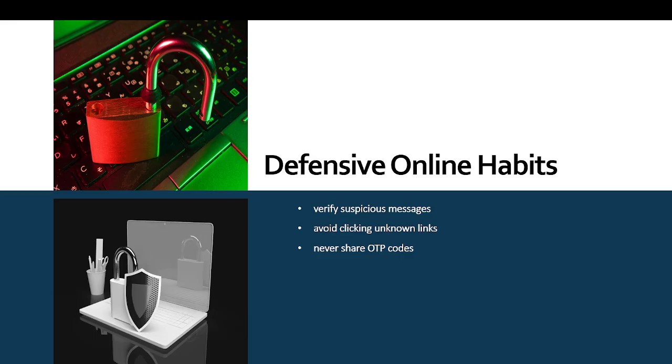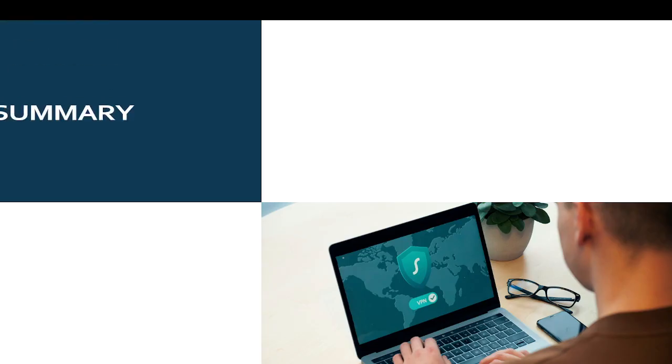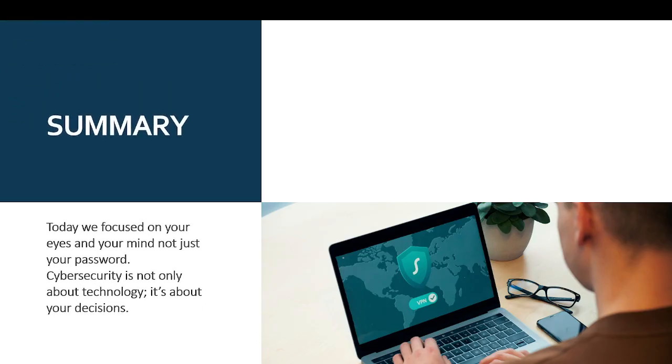They inform you through their website. Verify suspicious messages. Avoid clicking unknown links. Never share your OTP. Avoid unknown attachments. Report suspicious activity. When you see suspicious activity, especially on social media or email, report it.